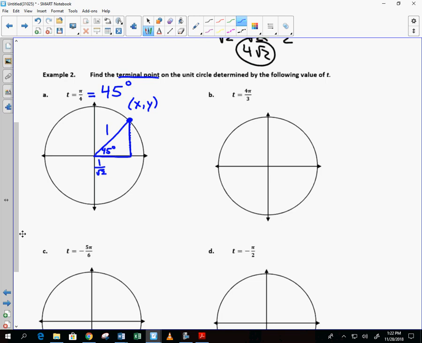No. So what do we do? Multiply by square root of 2. And we get root of 2 over 2. So that's this length. What is then this length? Root of 2 over 2. It's the same thing.